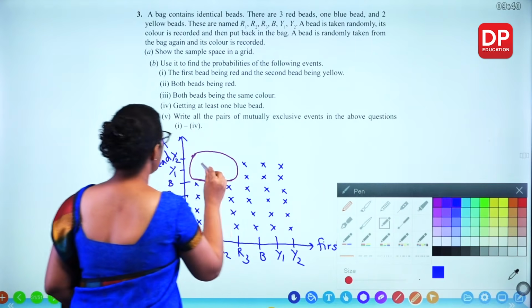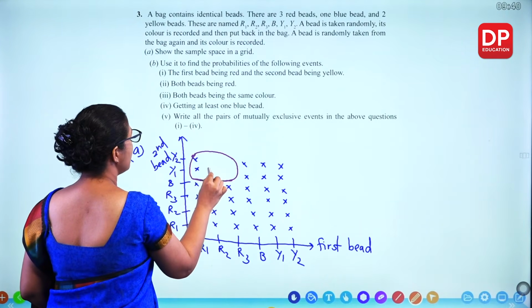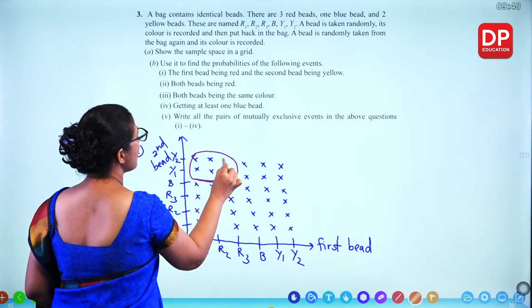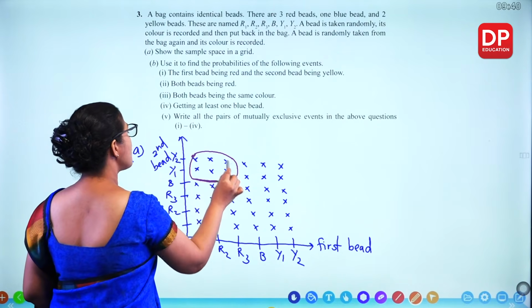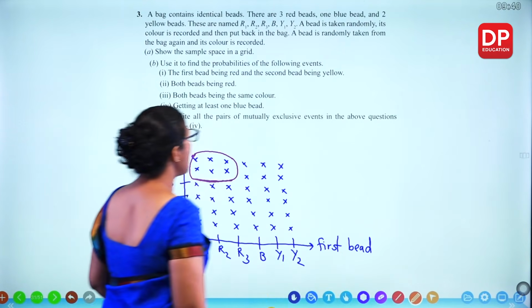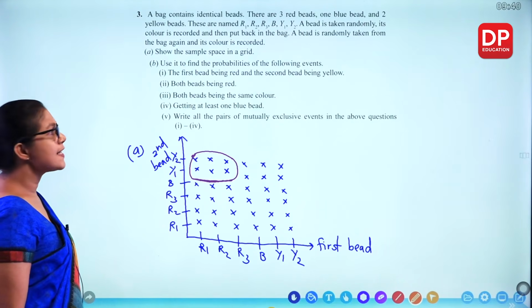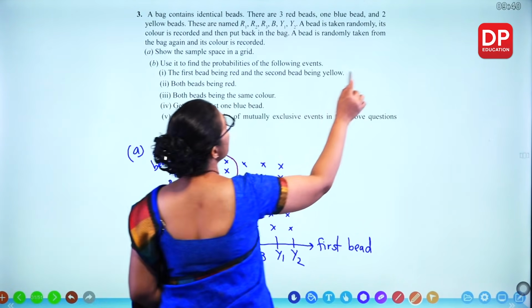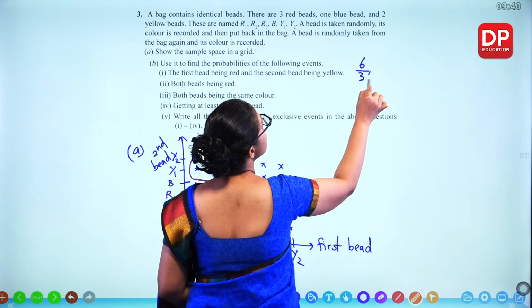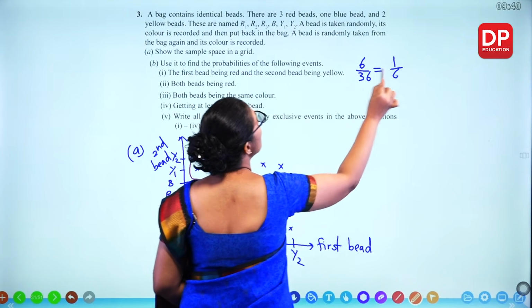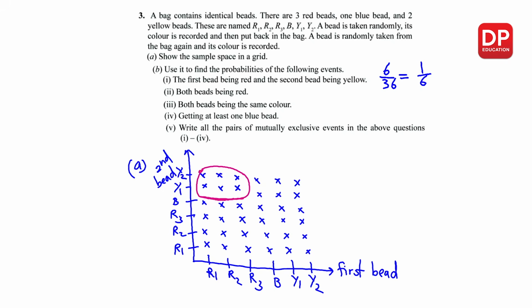The outcomes, those are these outcomes. So altogether 6 outcomes are there out of 36. So I can write 6 out of 36. When you simplify, 1 over 6.